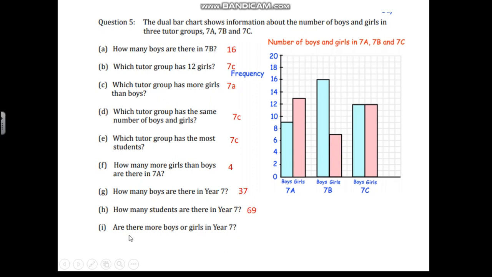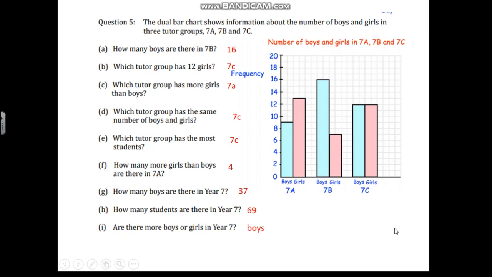And are there more boys or girls in year 7? Okay, so I could just work out the difference between 69 and 37, which is 32. So I know there's 32 girls in year 7 and 37 boys, so there's more boys. But you might just want to check that as well by adding up the pink bars, so then you know that you've got that total right as well.